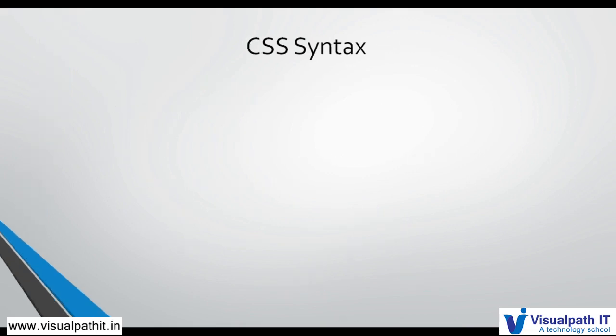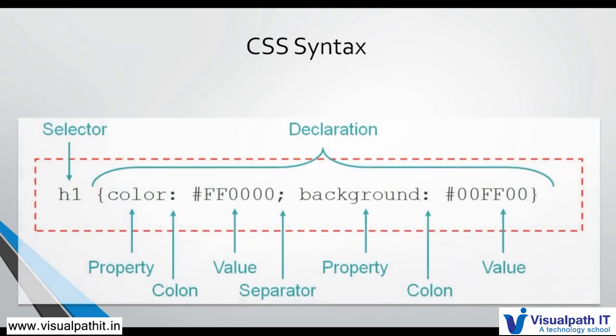Moving next, we see some more syntax. Here, the selector is the h1 tag. The h1 tag is the selector and the rest is the declaration. Under the curly bracket, the color is a property, then a colon, then the value of the color, then we give a semicolon as the separator.